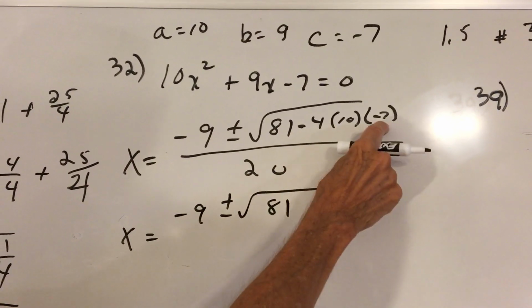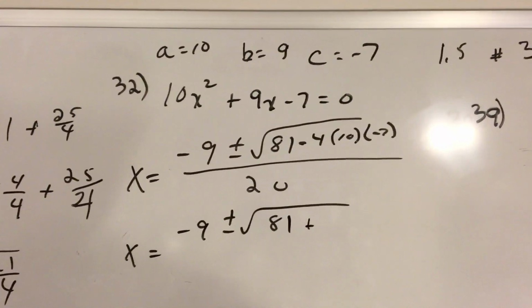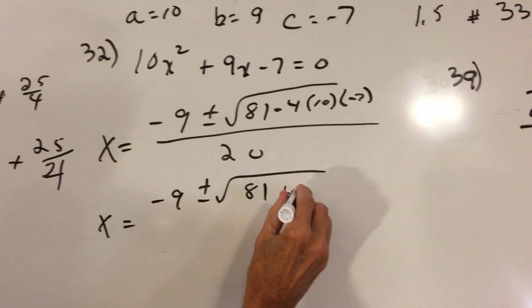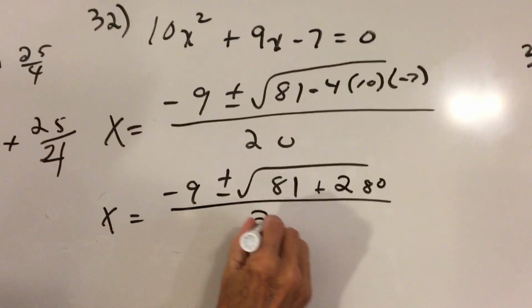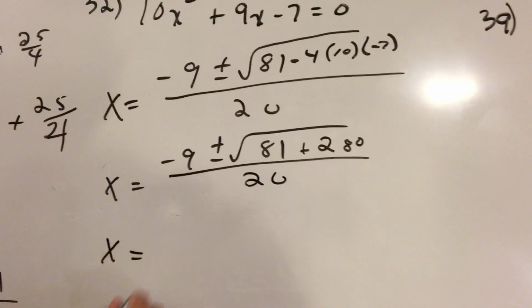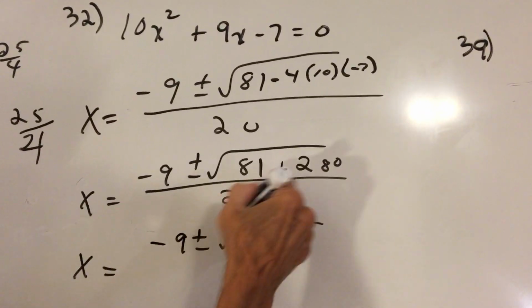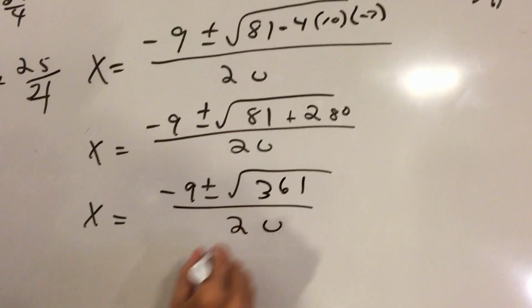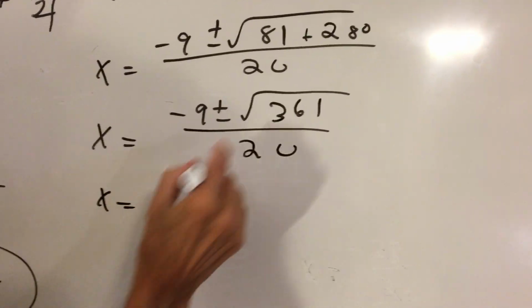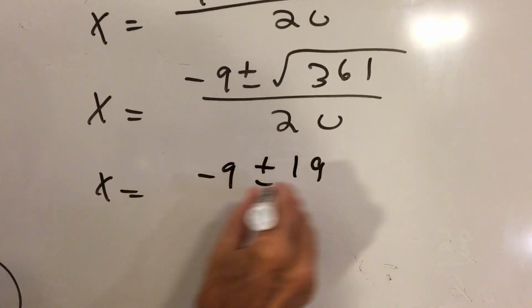Now that minus and that minus makes plus. 4 times 7 is 28 times 10 is 280. But that's 361. And the square root of 361 is 19.